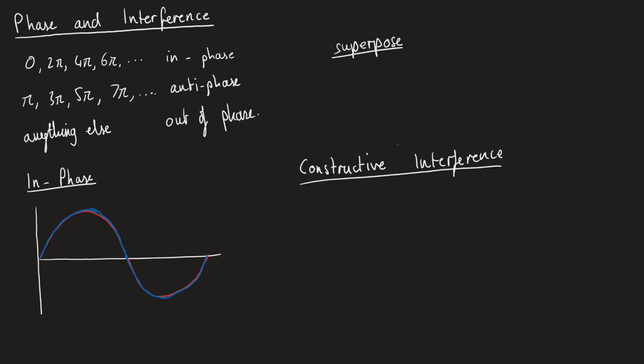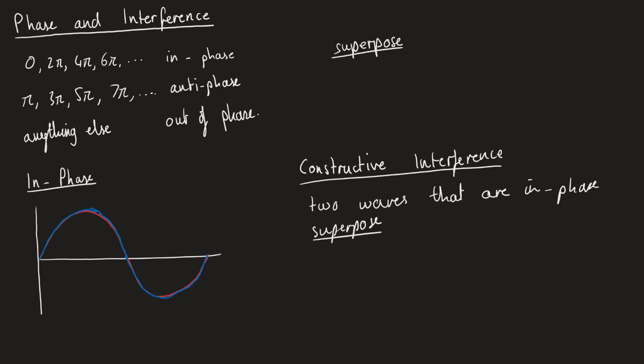So how we would describe constructive interference is that two waves that are in phase superpose, and when they superpose, they interfere with each other. When they interfere, they essentially just combine to make one resultant wave.